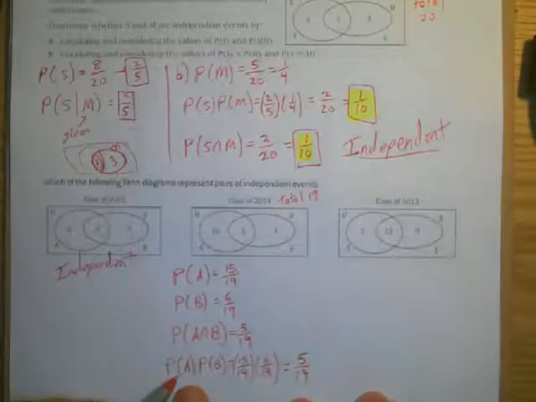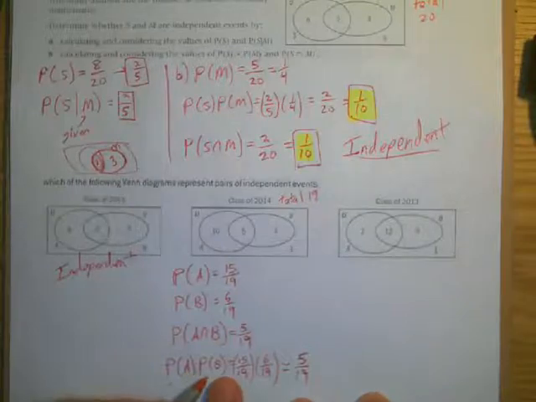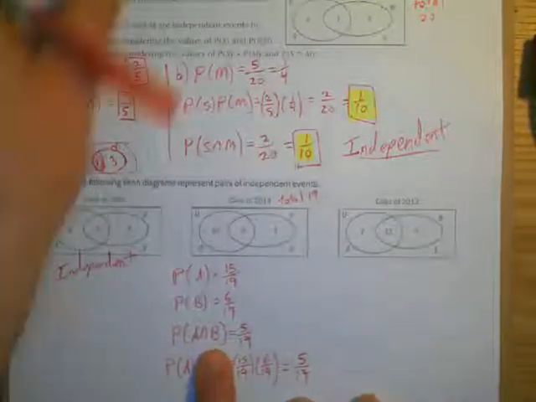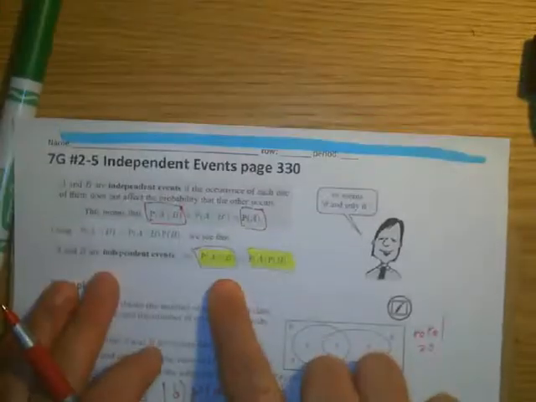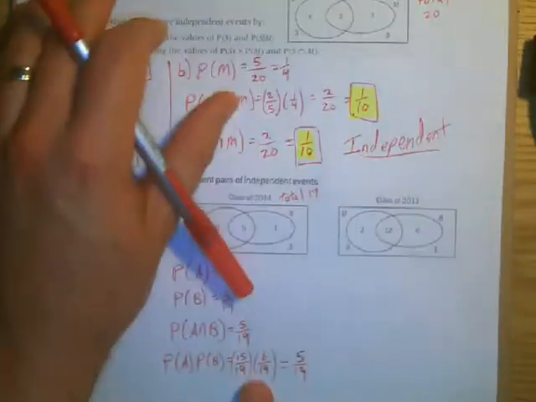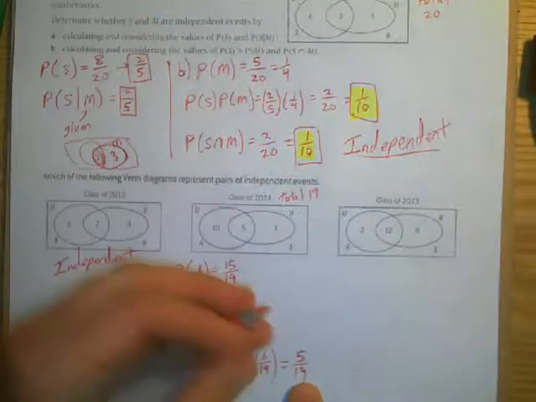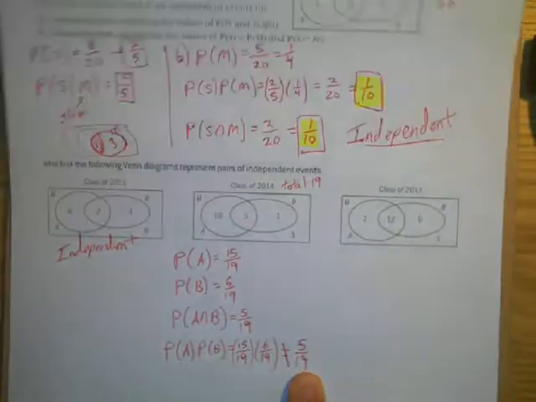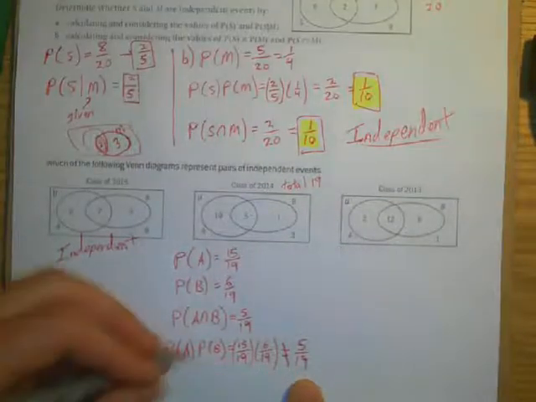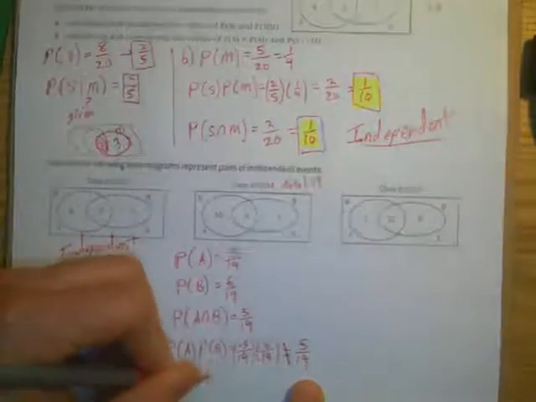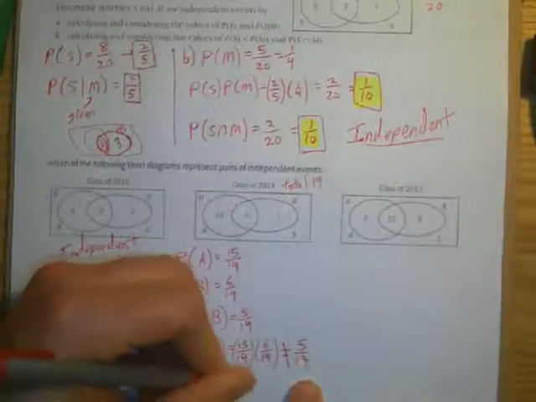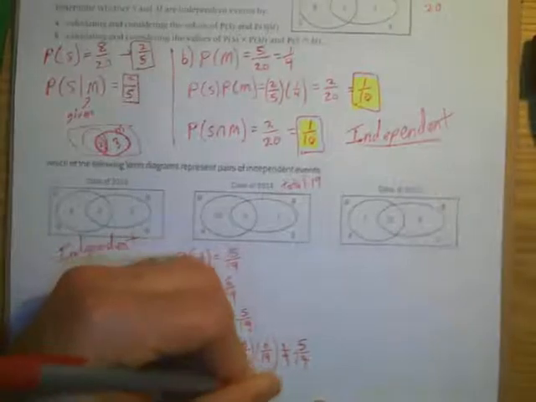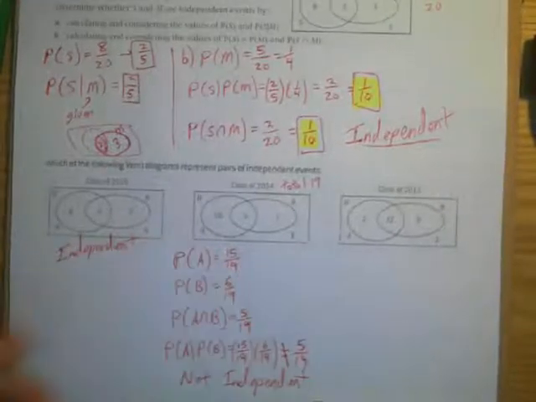Is the probability of A times the probability of B going to equal the intersection, like the formula says it should? Is this times that going to be equal to this? No. So when you see that, I already know that it's not going to simplify to this, so it's not independent. All right, let's look at the next example.